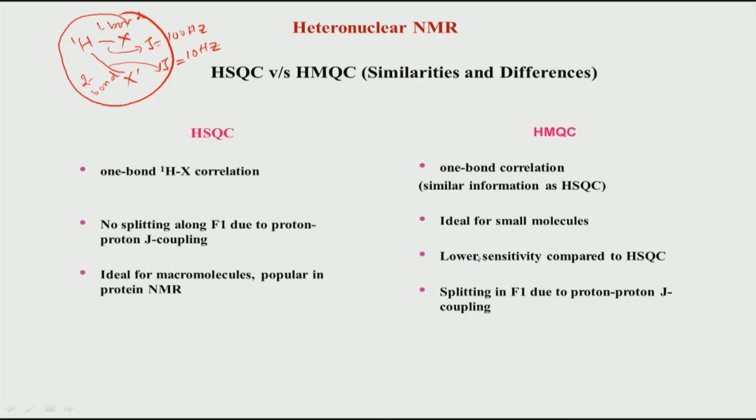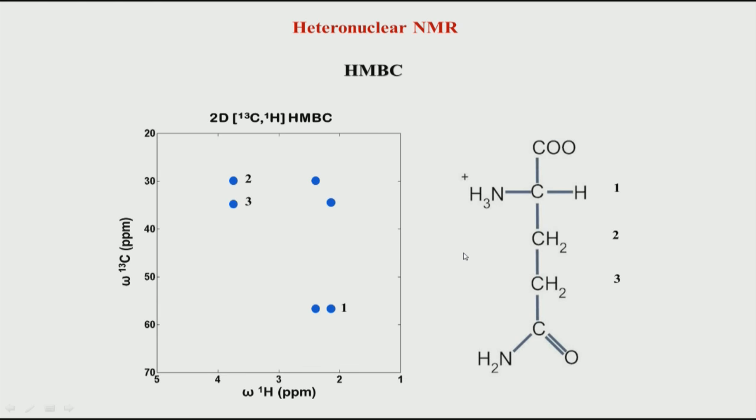So, HMQC is preferred for small molecules, and HSQC ideally for large molecules where you want maximum sensitivity, where speed may not be the factor, and you can do many more sensitivity enhanced approaches. So, these are the broad differences between these two, and we will now move to the third experiment called HMBC.